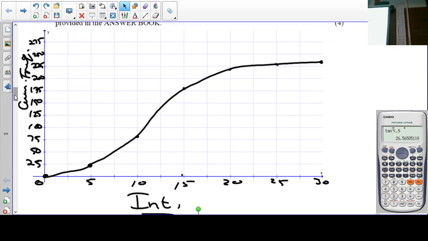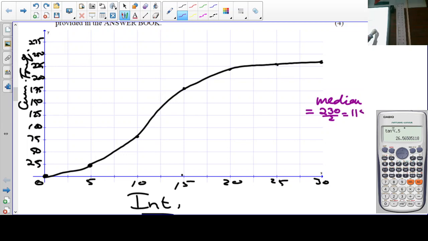Are these numbers sorted? Yes. Okay. So for the median, how many values are here? There are 230 in total. So we divide by 2. 230 divided by 2 is 115. Not so? So now we go to the 115th number.